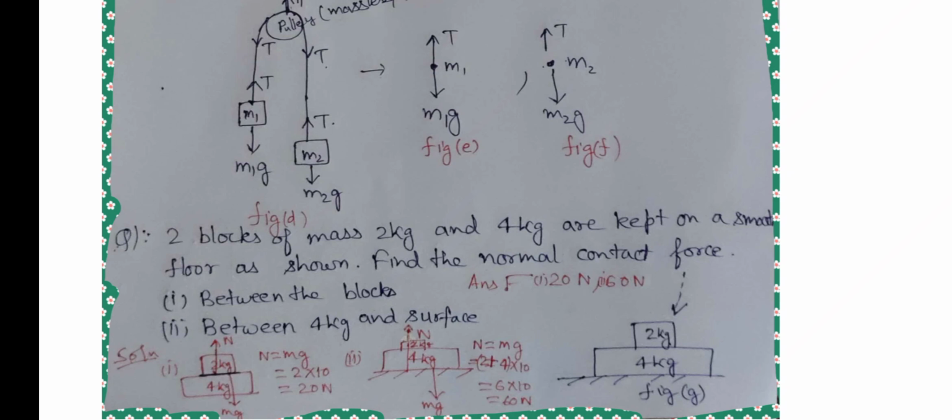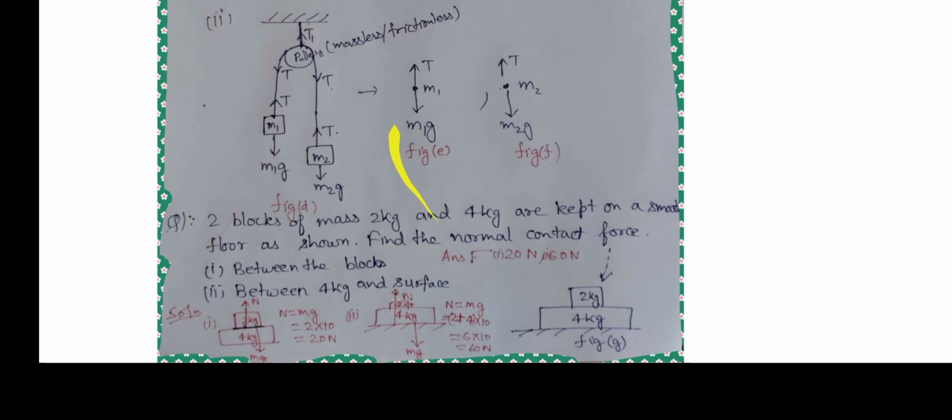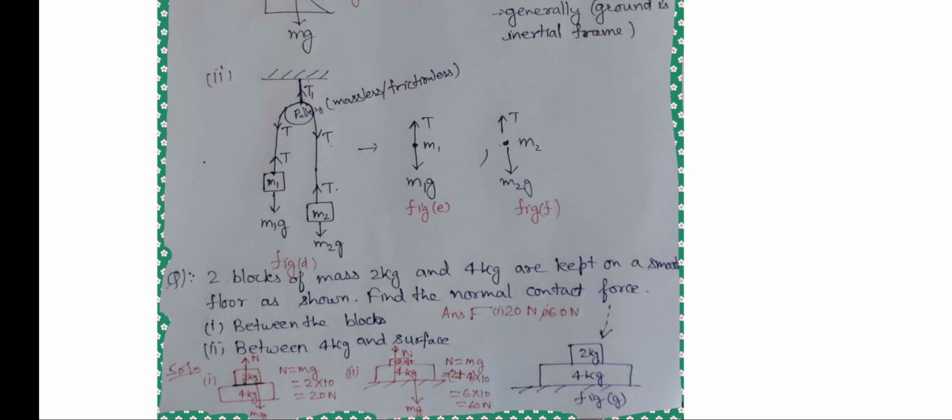Now the reference we take is the 4 kg and surface contact. We draw the normal in the upward direction as N, and in the downward side mg, mass times gravitational pull. This is a balanced equation, N equals mg.